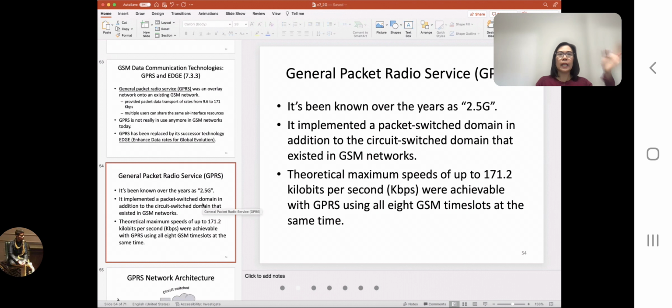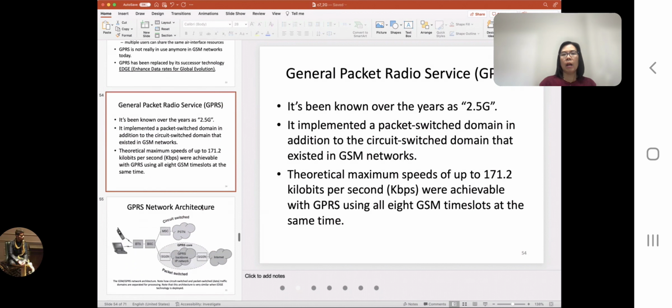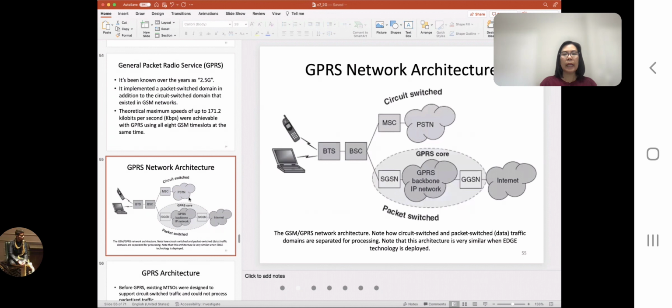Remember we said about GSM, we use TDMA to divide each frequency into 8 time slots, right? So now this is a diagram of a GSM network with GPRS. Now, my first question, do you know the definition of circuit switching and packet switching?